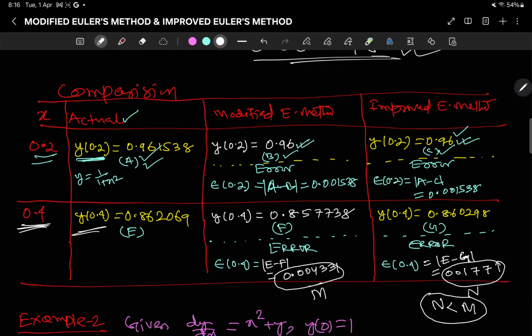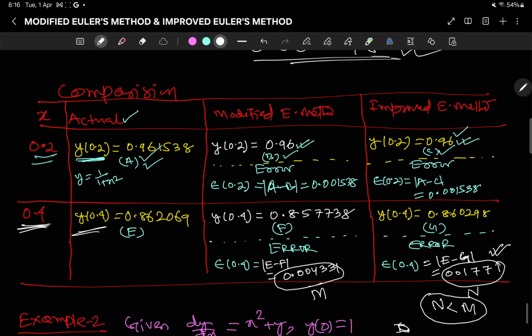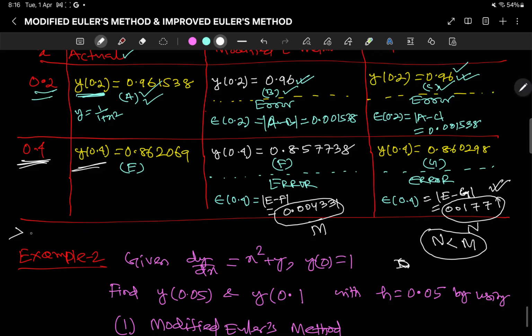So the improved Euler method is giving us less error, right? So what we conclude is the improved Euler method gives a better estimate than your modified Euler method.